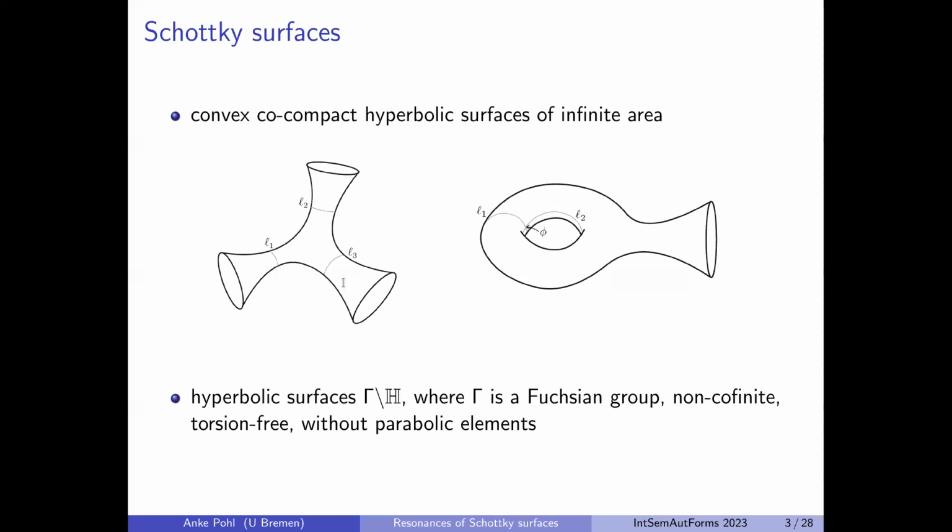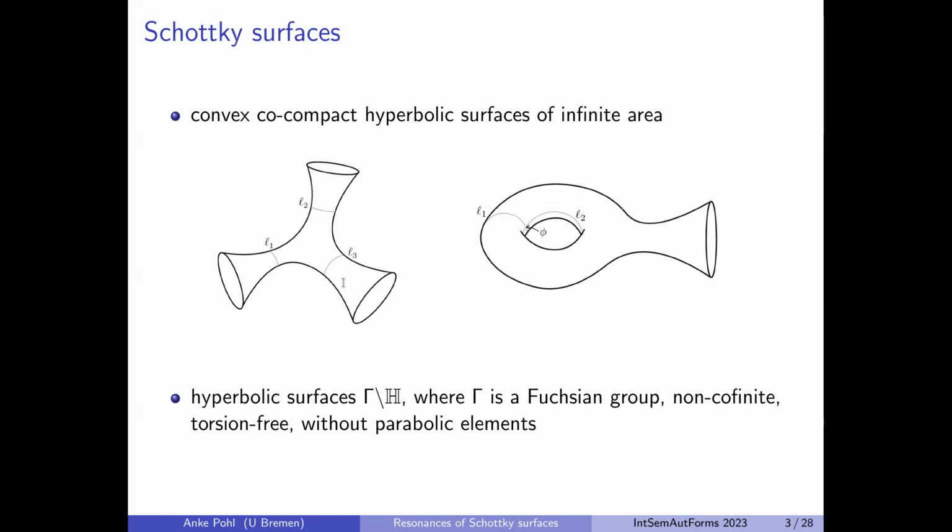So it has infinite area and it's convex co-compact, which in more down to earth terms means there are no parabolic elements, so no cusps, and there are also no elliptic elements. So these are actual Riemannian surfaces. These are not proper orbifolds.